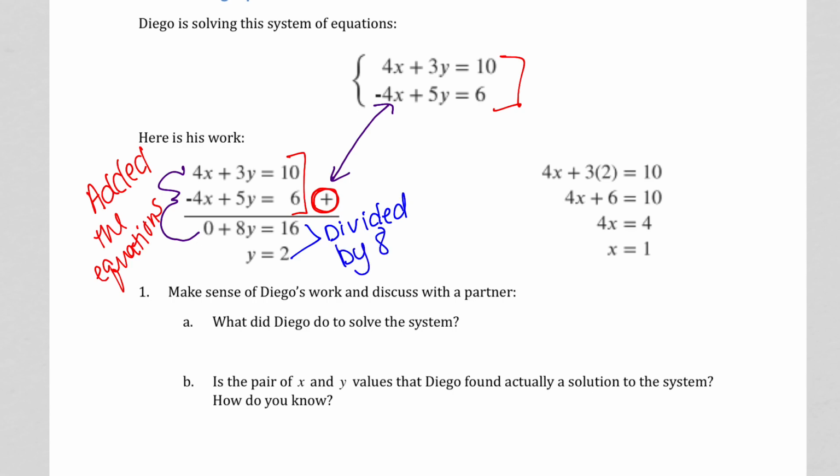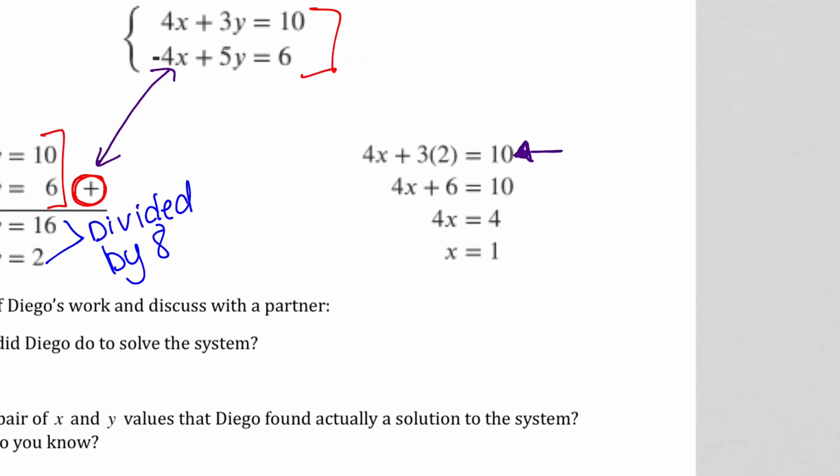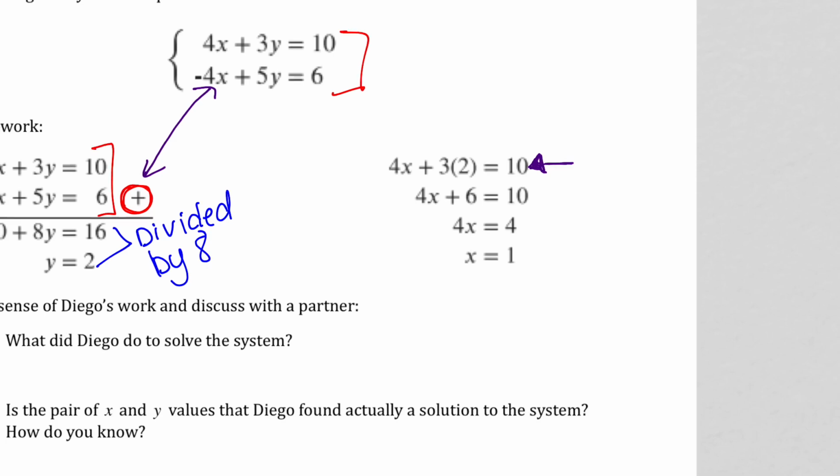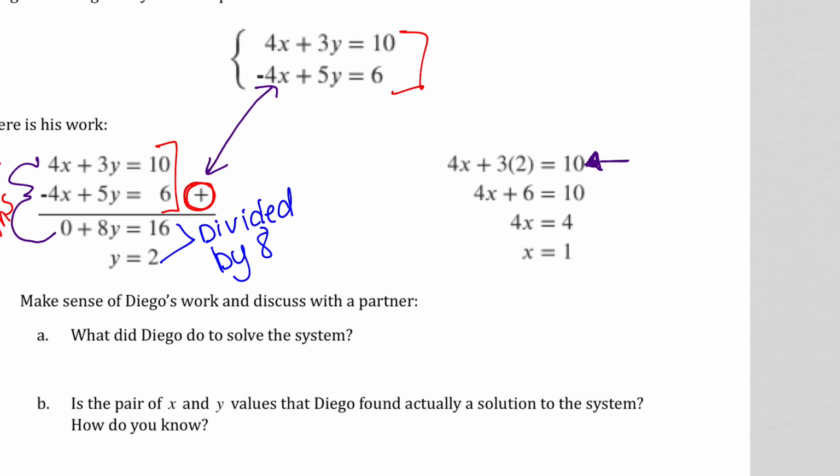Okay. What did he do over here? What does this equation tell me? Actually, I'm going to zoom out just a little bit. Where did that equation come from?